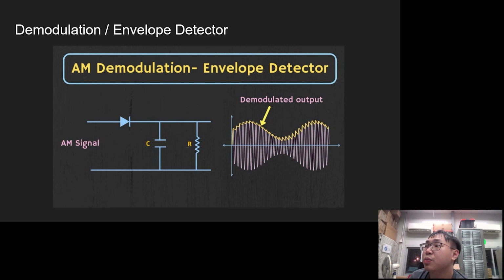But if you do it more precisely, you have a better capacitor, the zigzag will become very little, and you have a wave very close to a sine wave. This is the envelope detector, the DET, or the process of demodulation. This is how we do it.